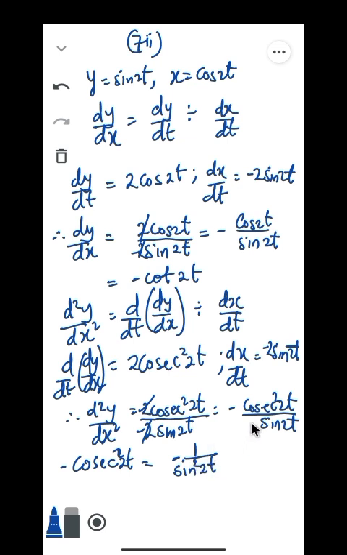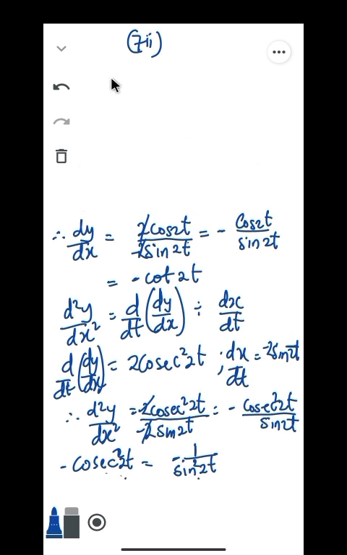Alright, so my answer should now be, therefore we can see d squared y over dx squared is equal to -1 over, remember we had sine squared 2t, so you have times sine 2t.